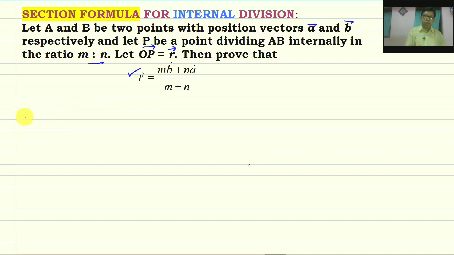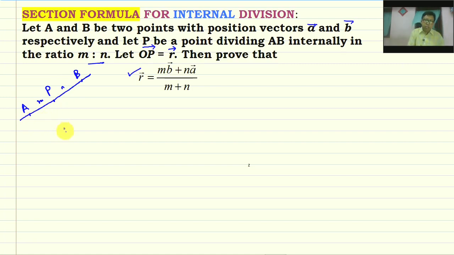First of all, you have to draw a line segment, say AB. This point is A and this point is B, and also consider that a point P internally cuts this line segment AB in the ratio m is to n. This is given in your question. So what is the position vector of A? The position vector of A is given as small a vector.